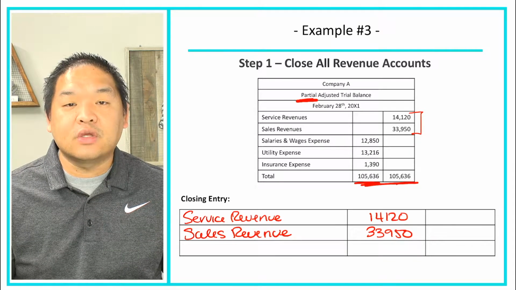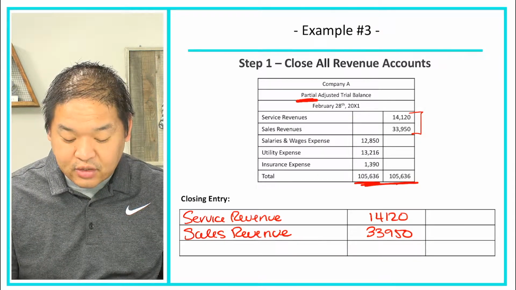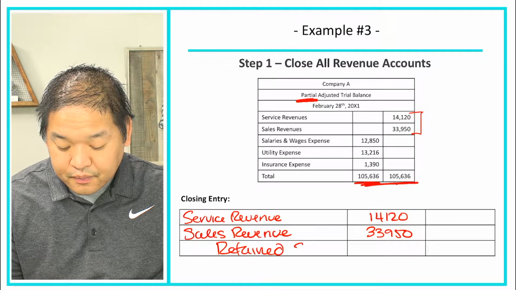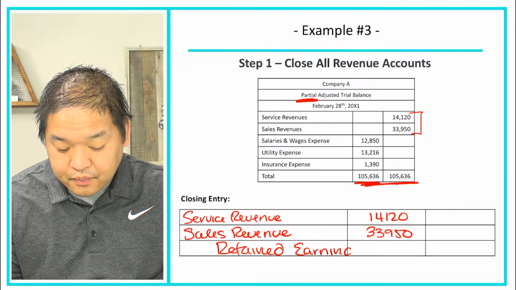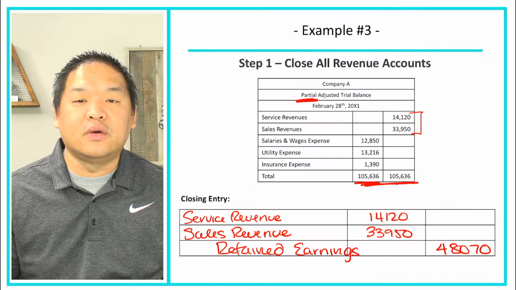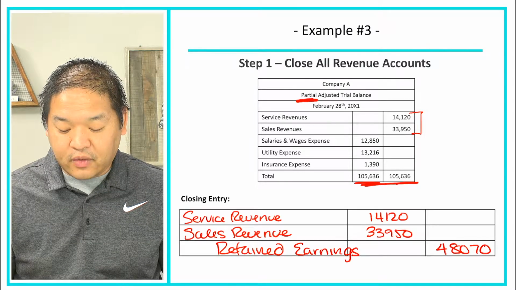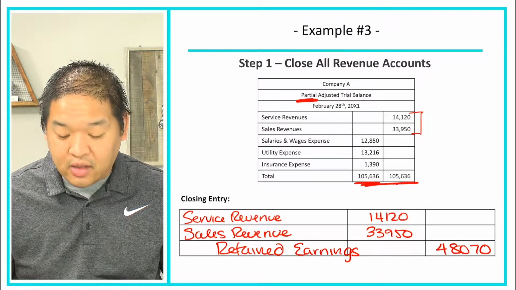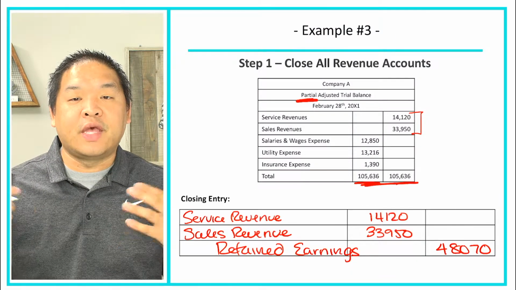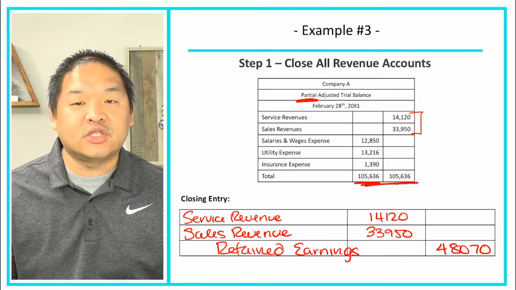The offset is retained earnings. So retained earnings is going to be credited in the amount of $48,070. If we add those two numbers up, we get $48,070. So that is step number one. Now all of our revenues are closed. They are now zero, ready for the next year.